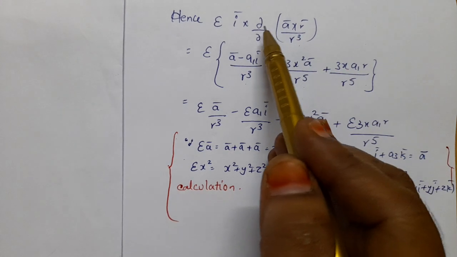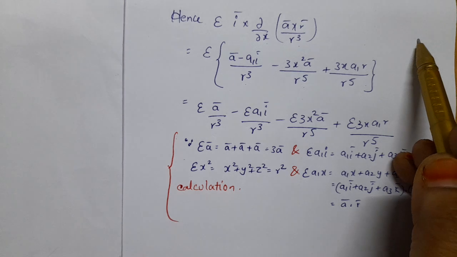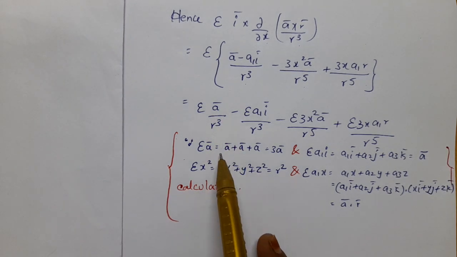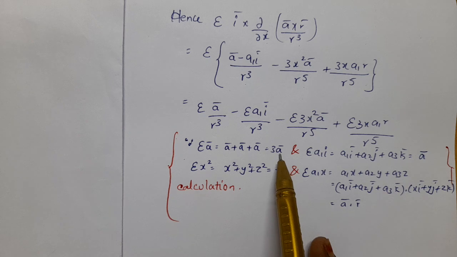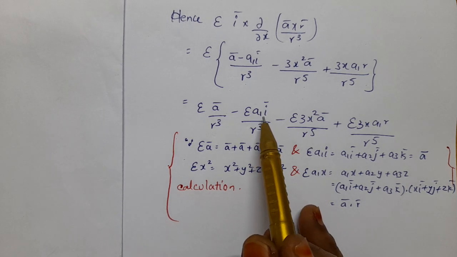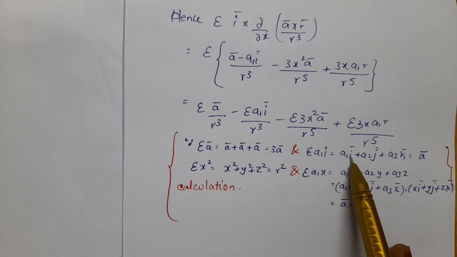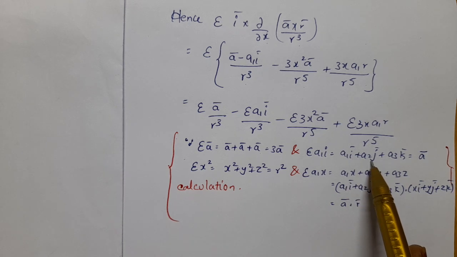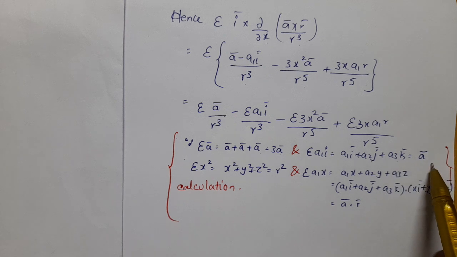So here sigma notation for 3 terms. That's why we are taking sigma a bar as a bar plus a bar plus a bar, 3a bar. Next sigma a1 i, expand the sigma notation a1 i plus a2 j plus a3 k. This is the a bar vector.